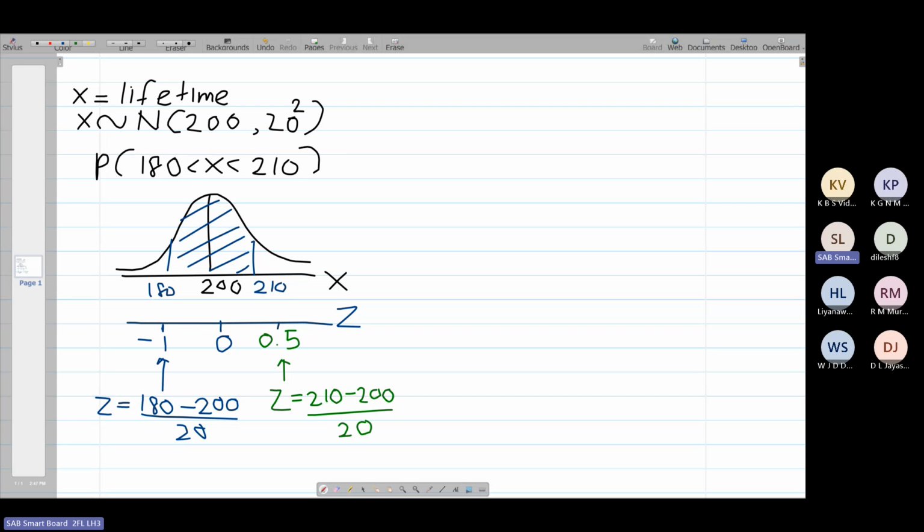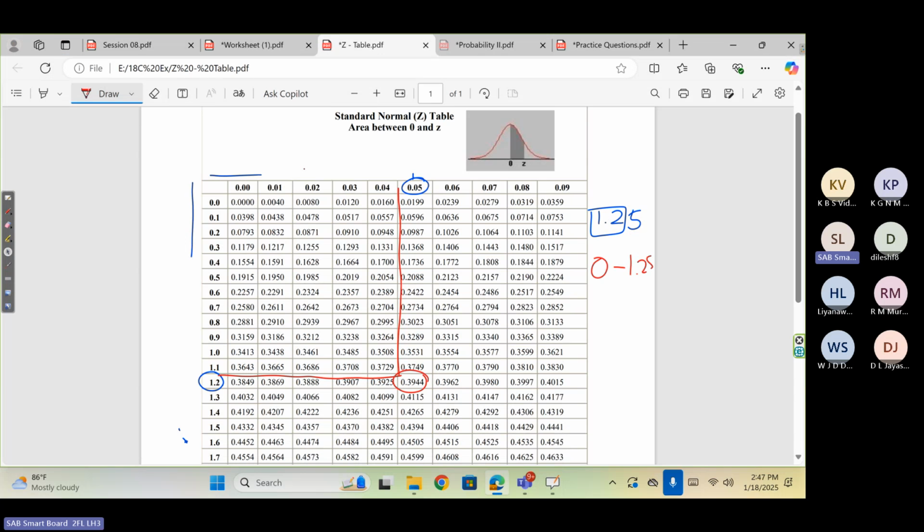First we take 1. Now we need to consider the sign. In the Z table there is no positive or negative sign. So the first value is 1. Looking at the table, tell me where is the 1?